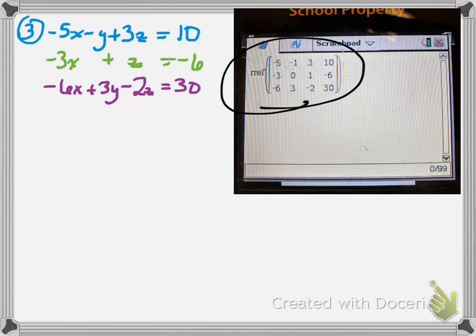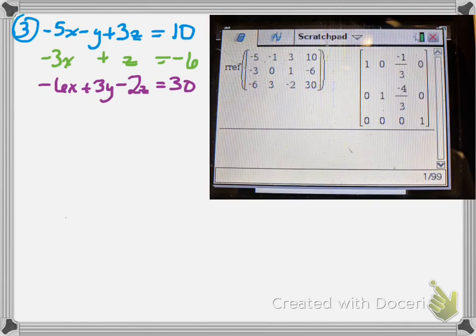First column, -5, -3, -6. And the next one, -1, 0, 3, 3, 1, 2, -2, and 10, -6, 30. And press enter. When you press enter, you end up with your matrix C results like this.